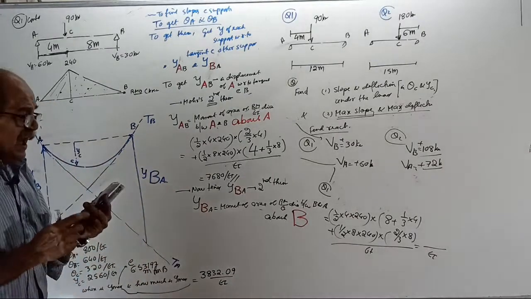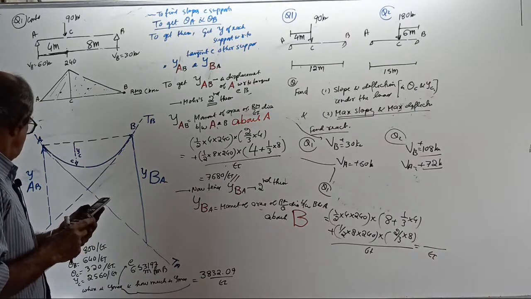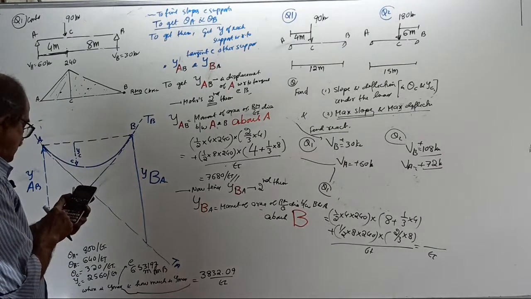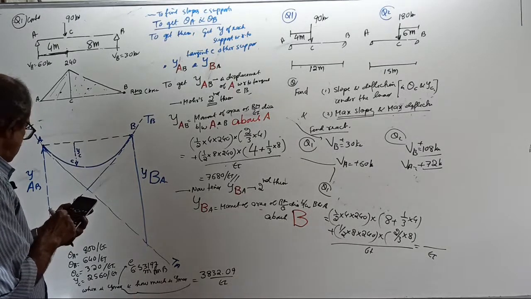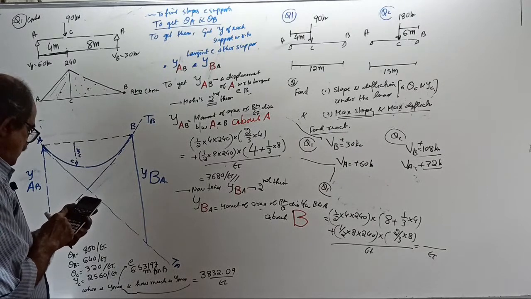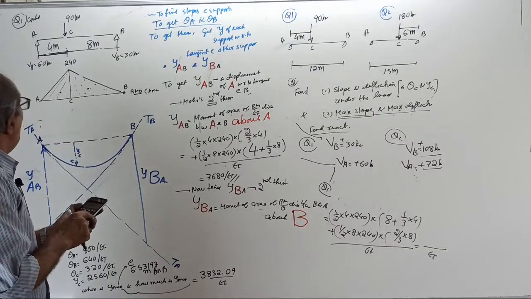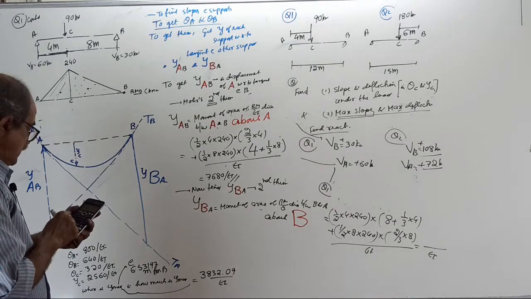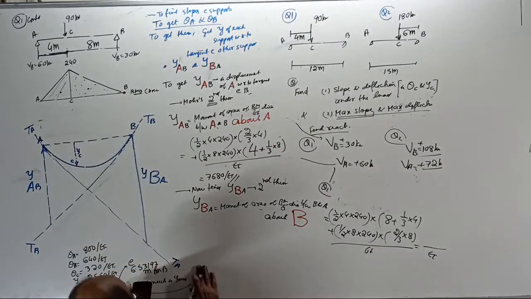You never worry how the answer came. Oh, no, wrong. 6.53 is correct, because I took wrong slope.